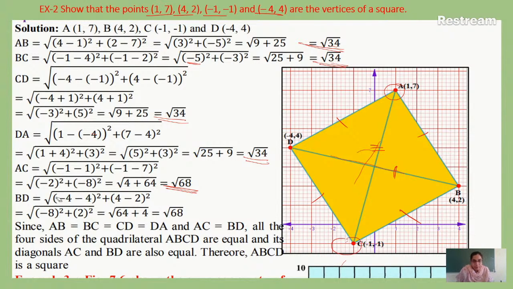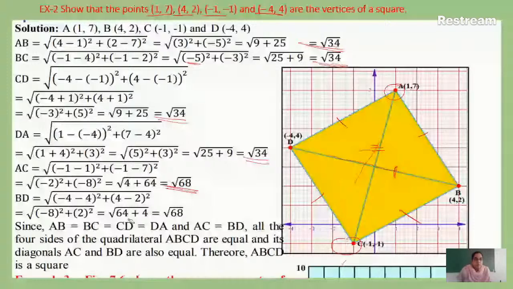Then BD, plus 4, that is nothing but root 68.